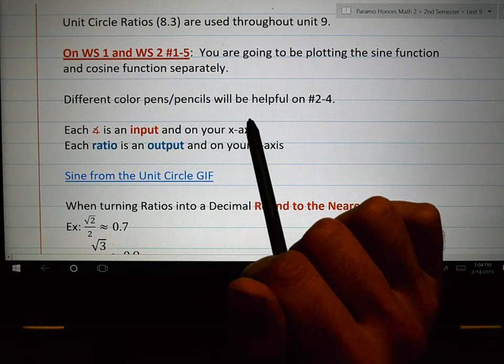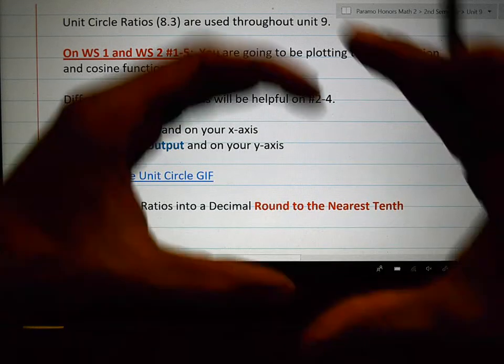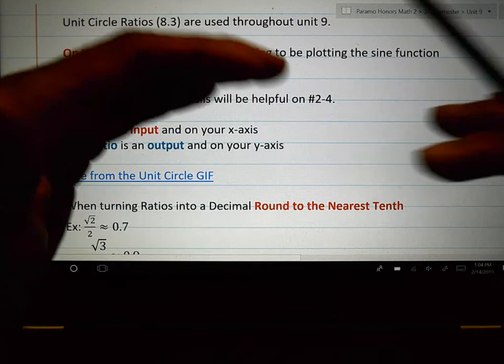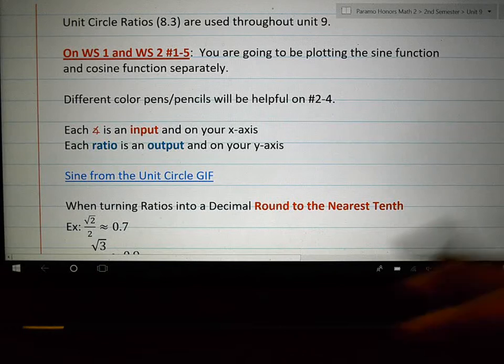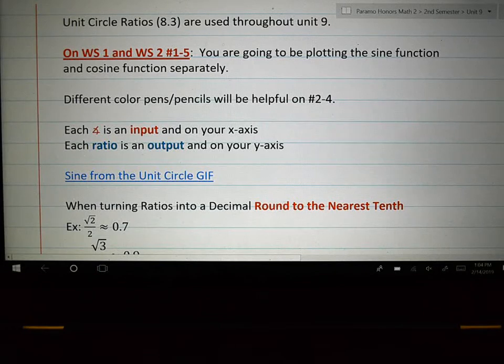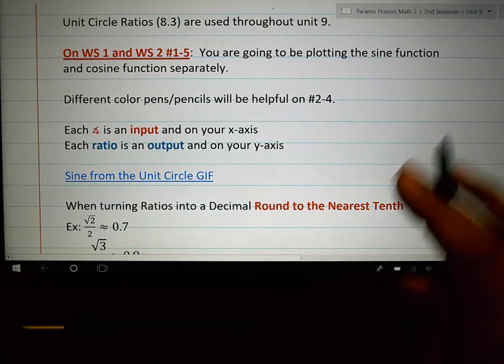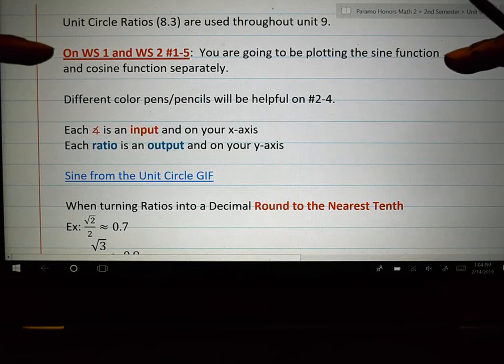When you think of the unit circle right now, you're thinking of a circle with angles and x and y coordinates. Well, what if the angles were the variable? What would the y values be? What would that graph look like? You're going to figure that out in Worksheets 1 and 2, and I'll give you a hint about that in just a little bit.